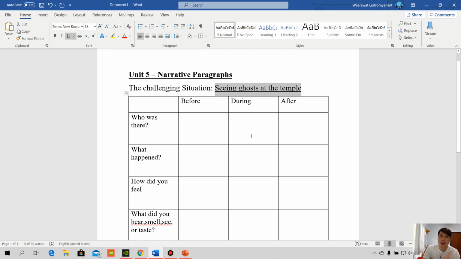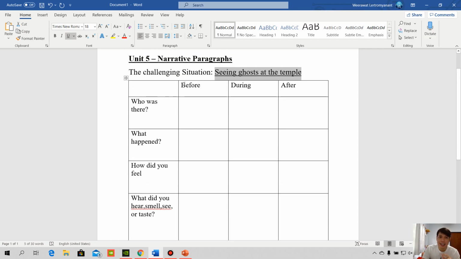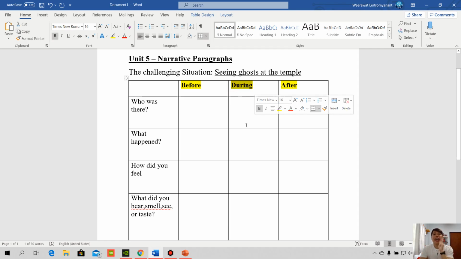You have to understand these three words: before, during and after. Before means before you see the ghost, during means at the time that you see the ghost, and after means after you see the ghost.